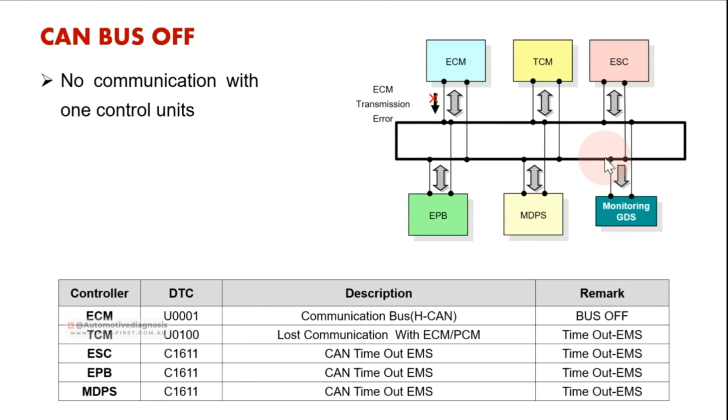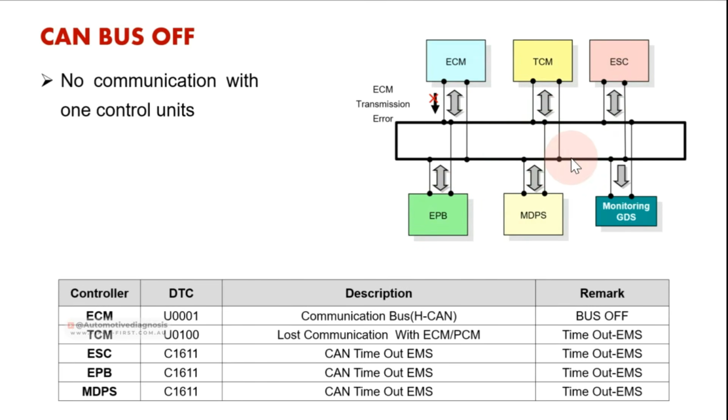But very quickly, in simple words, CAN bus consists of a pair of twisted wires, and many control units are connected to this network to share the information. This is going to minimize the wiring and increase the data transfer rate. As you see here, we have control units like the engine control module, transmission control module, ESC for brake system, electronic parking brake, electronic power steering, and so on, which are connected to the main CAN bus.